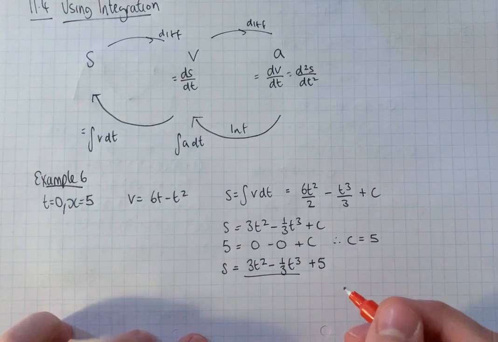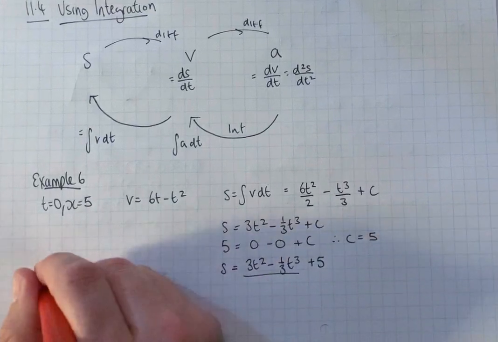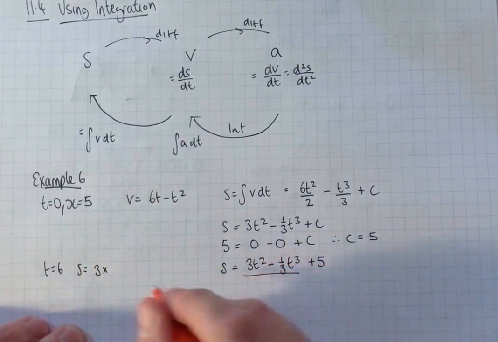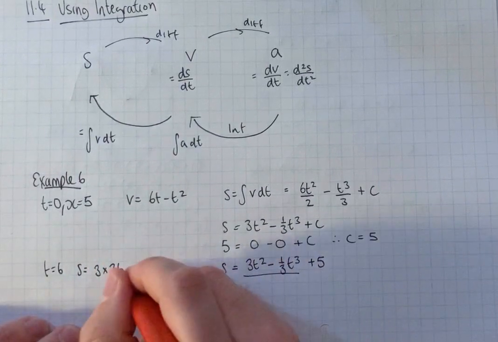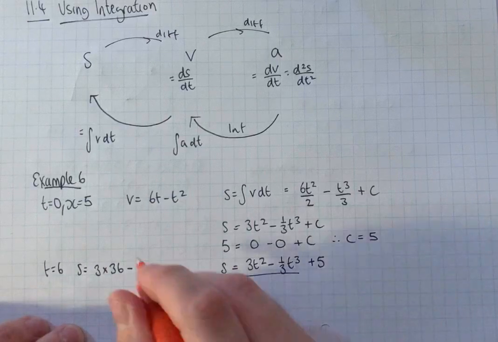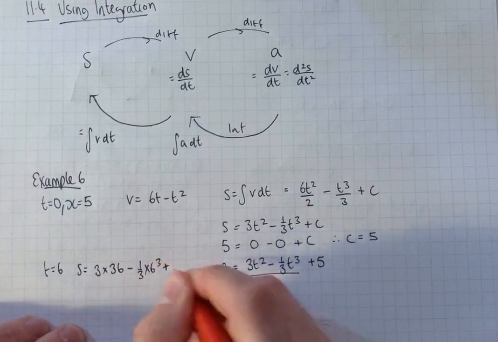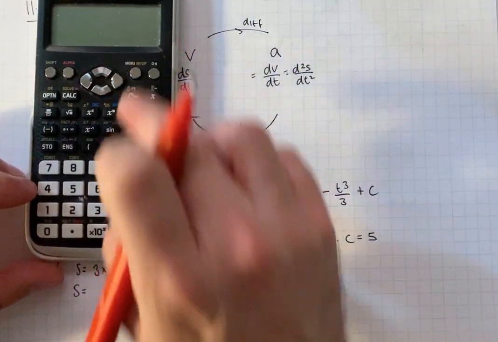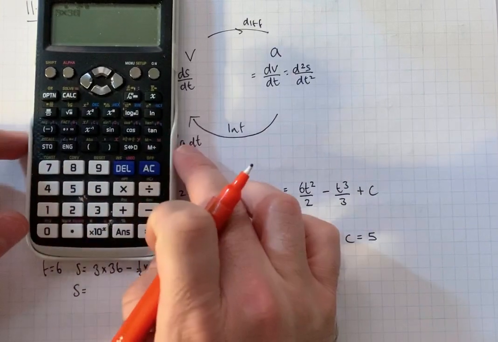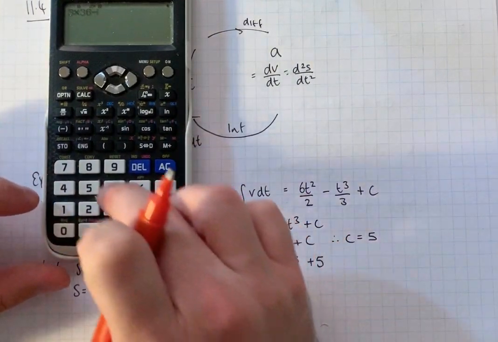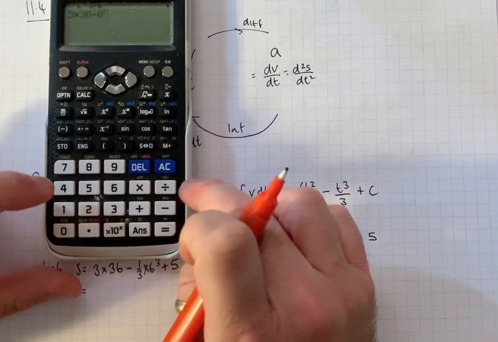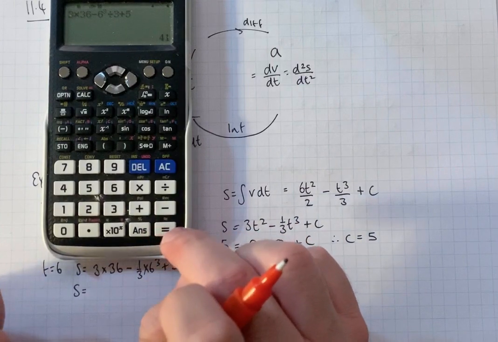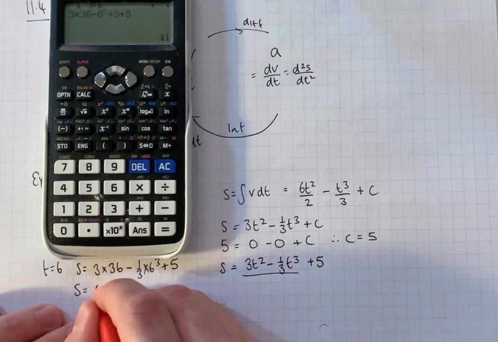And then when t equals 6, the displacement from the starting point is going to be 3 times 36 minus a third of 6 cubed plus 5. So just smash that in the calculator. So I've got 3 times 36 minus 6 cubed divided by 3 plus 5 equals 41 metres.